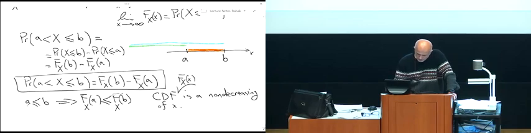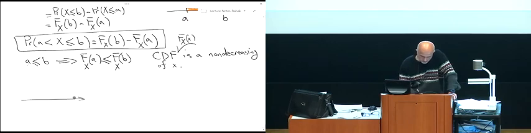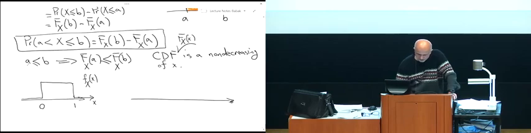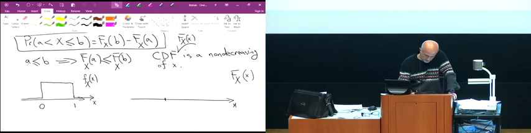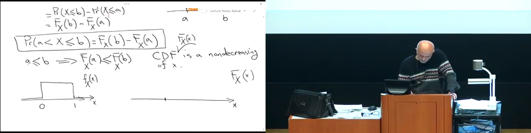So, can you tell me how to draw the CDF for the uniform? This is the uniform. What's the CDF for this? What's the probability that x is less than or equal to 0? Zero.